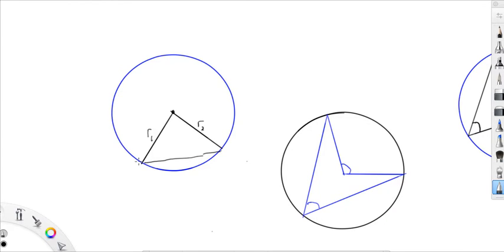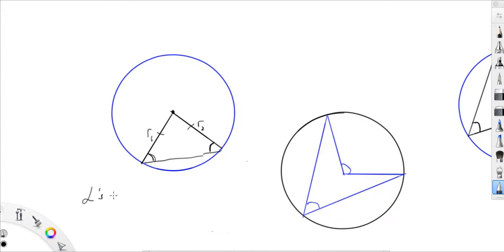Because we know that the radius is the same length anywhere on this circle, this length and this length match. So therefore, if we've joined those two points at the circumference, we have a triangle. And this triangle is isosceles. And we all know that the base angles of the isosceles triangle are equal. So that's your first rule.